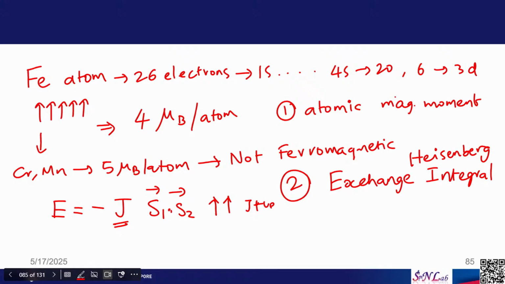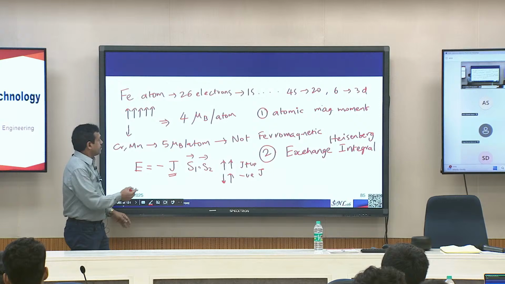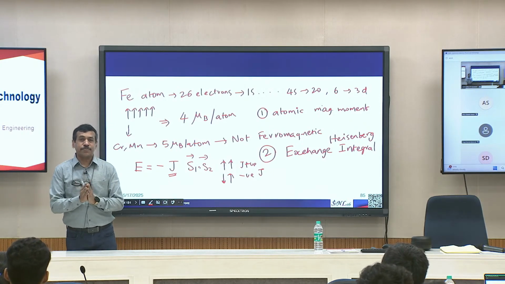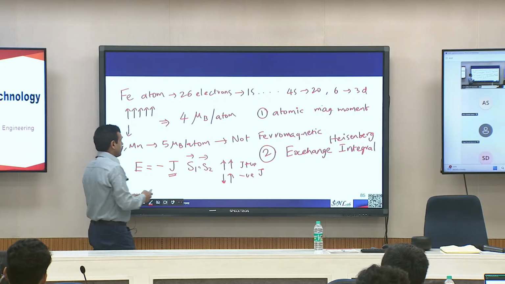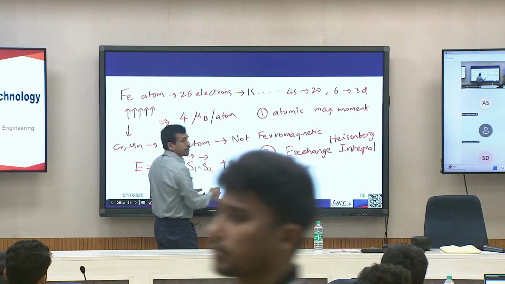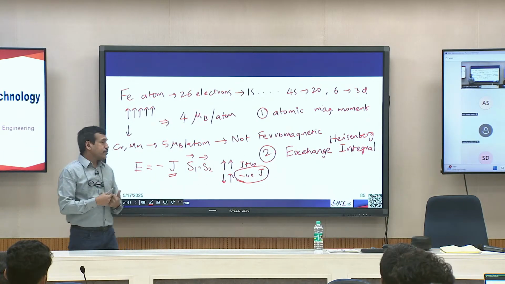Okay, these two spins will be anti-parallel if J is negative. So, we learned that in ferromagnetic materials J is positive, so all the neighboring spins will be parallel to each other, and in antiferromagnetic materials J is negative and your neighboring spins are anti-parallel to each other.